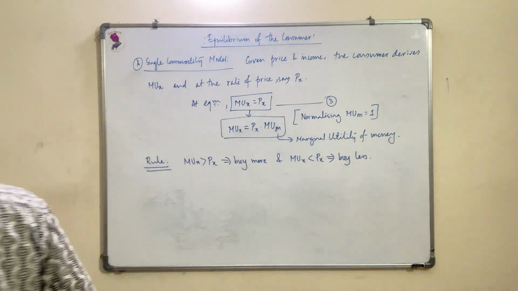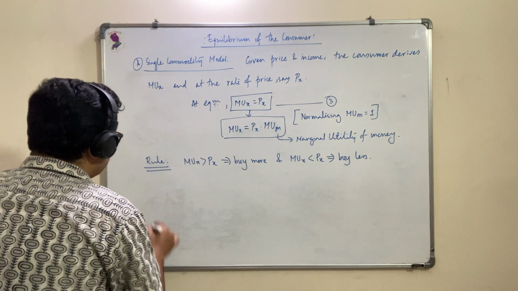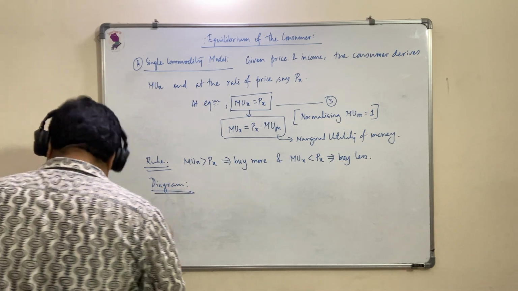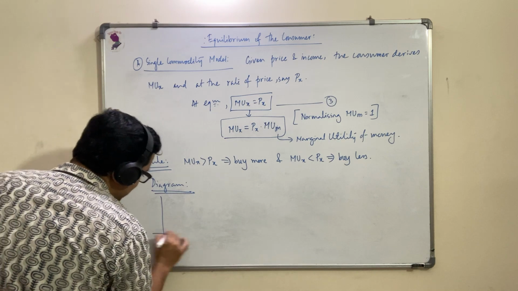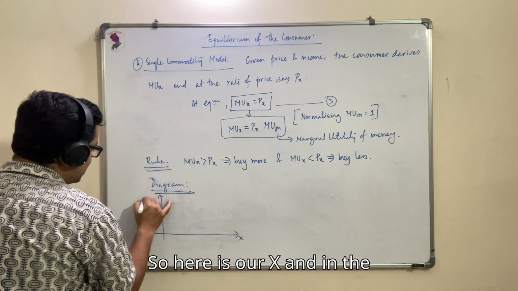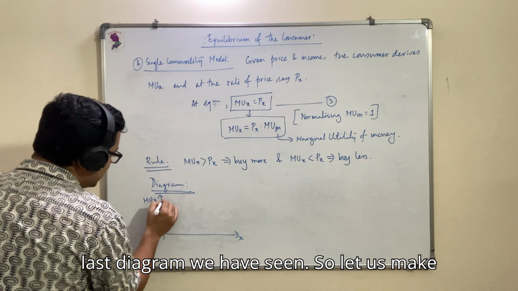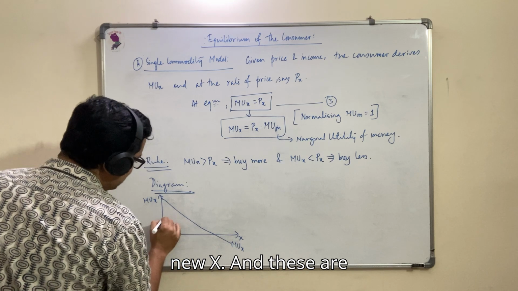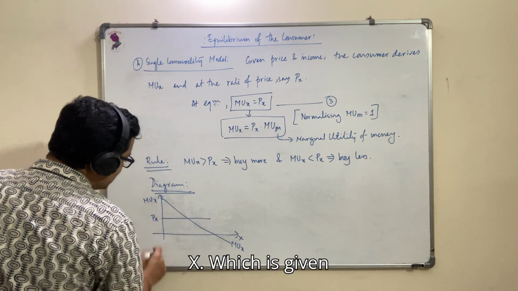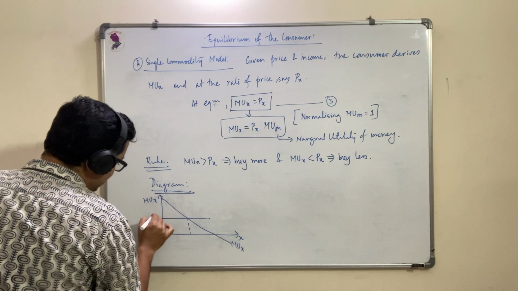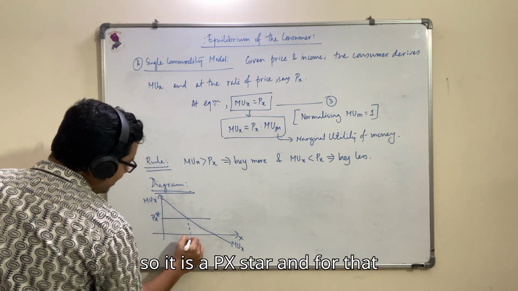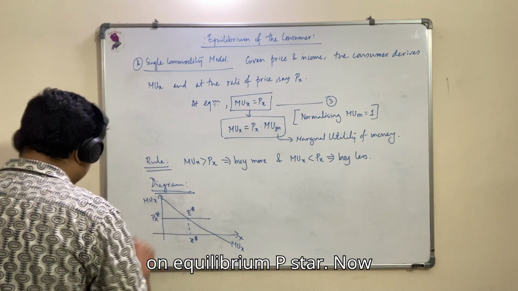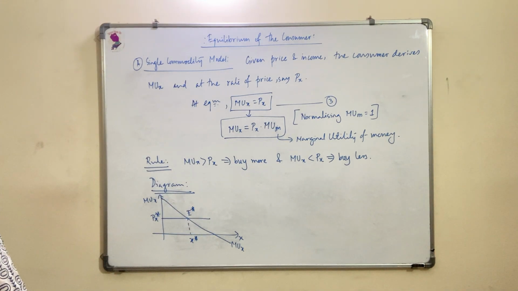Okay, if we go by a very small diagram, so here is our x, and in the last diagram we have seen, so let's make it simple. Let's say this is our MUX and this is our PX, which is given, so it's a PX star, and for that we consume X star, and this becomes our equilibrium A star.